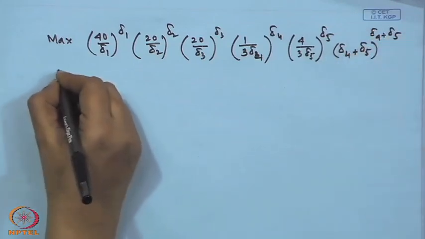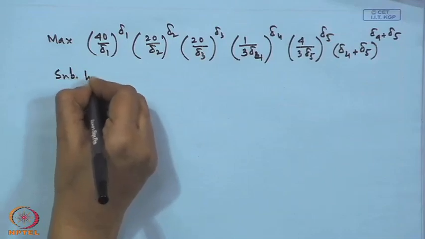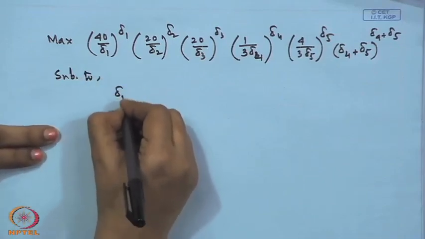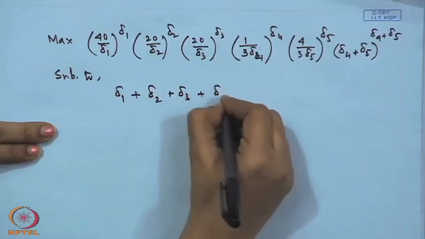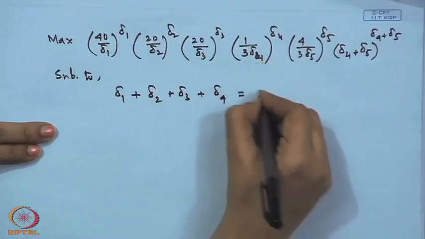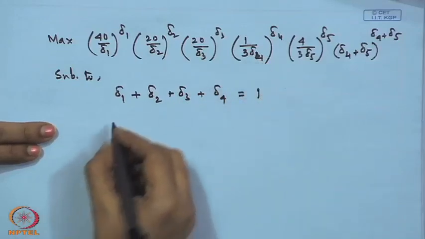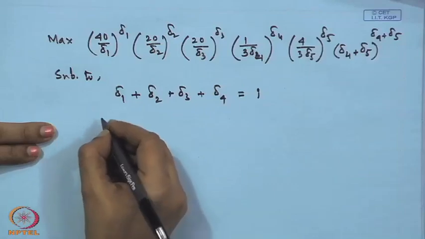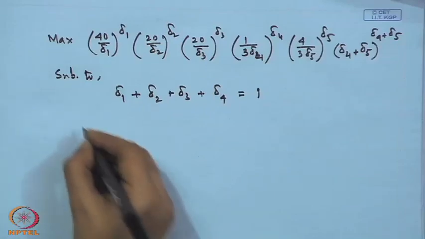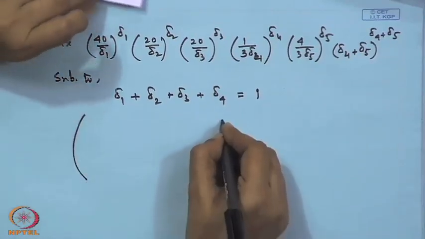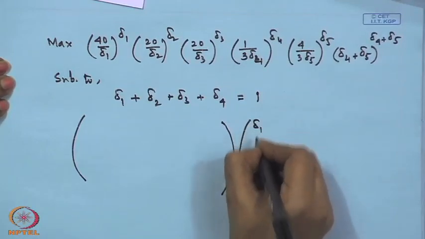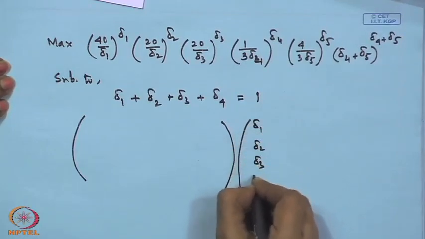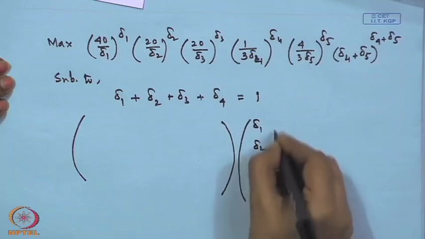And what about the constraint set? First of all, the normality condition that is coming from the objective function, 4 deltas are involved for that, this is equal to 1, and summation of delta i j we will get from here again the set. And how many deltas? Delta 1, delta 2, delta 3, delta 4, delta 5.